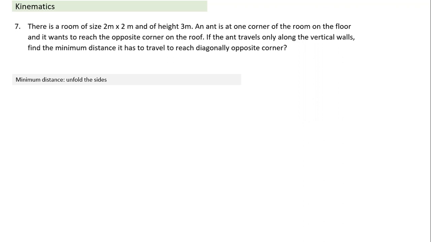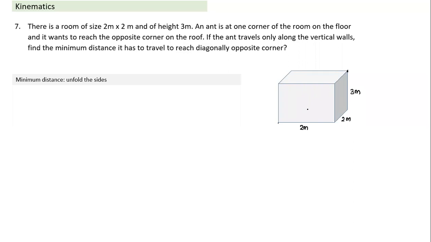If you visualize this, the minimum distance is something like this. So this is the room. This side is 2 meters, this side also is 2 meters, and the height is 3 meters. The ant is at one corner here, and it has to reach the diagonally opposite corner by walking along the wall. We know that the distance is minimum when the path is straight.